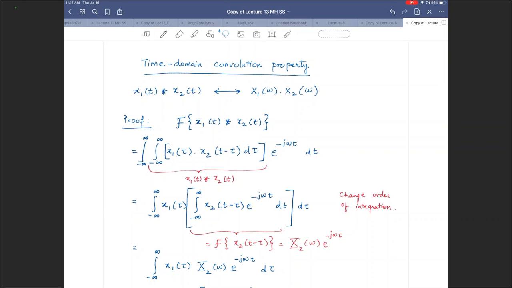So one more Fourier transform operation pair, which is one of the most used properties, is very helpful to find the response of linear time invariant systems. Because when do you do convolution? You do convolution when you want to essentially find the output of a linear time invariant system using the input along with the impulse response of the system.